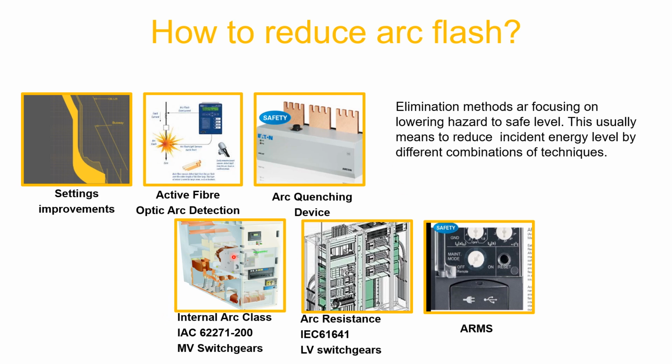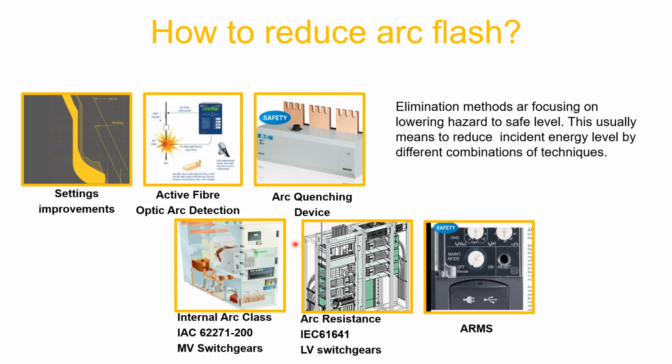Internal arc classification: we can build our switchgear on medium voltage or low voltage to be arc resistant or arc classified, which means they will keep the arc inside the panel if something happens. There is one word of information here, because this works only when the panel is closed.